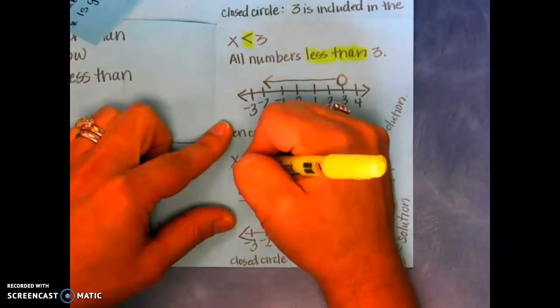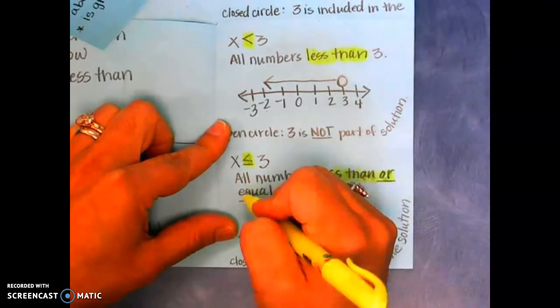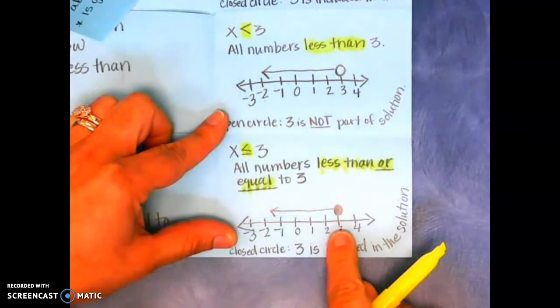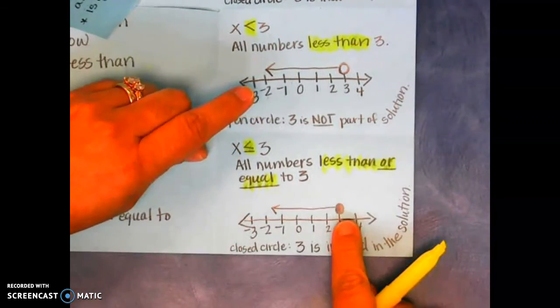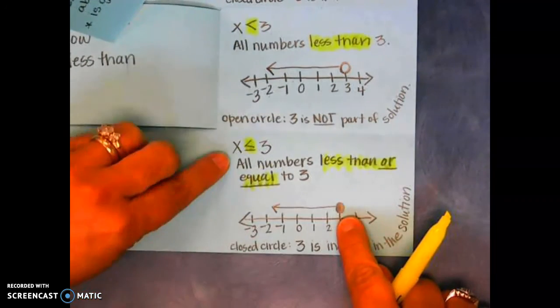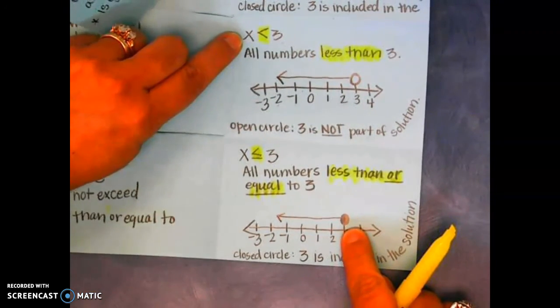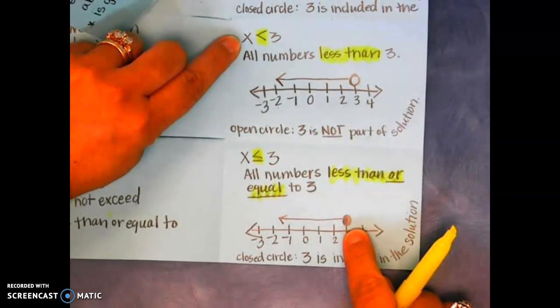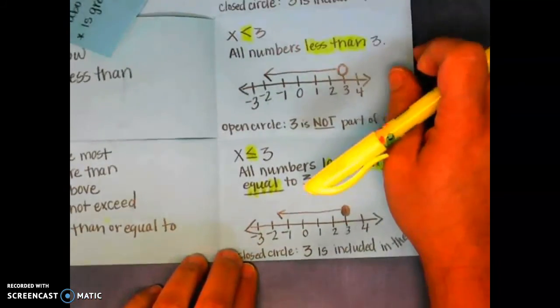And finally, we have the less than or equal to, okay, right through here. And we put a closed point or a closed circle on 3 because 3 is part of the solution or the answer. 3 is a number that will make this inequality true. However, 3 will not make this inequality true. And on this one, it can be 3 and all the numbers below it.